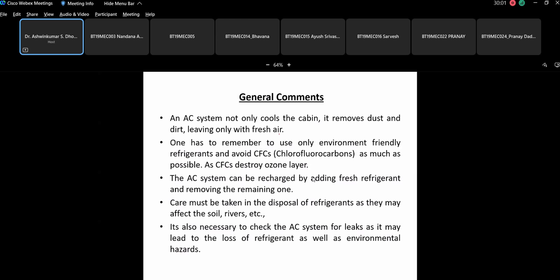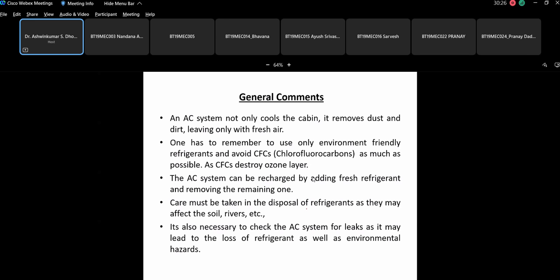One has to remember to use only environment friendly refrigerant and avoid CFC, chlorofluorocarbons, as much as possible, as CFC destroys the ozone layer. This is a well known fact. Now the AC system can be recharged by adding fresh refrigerant and removing the remaining one.